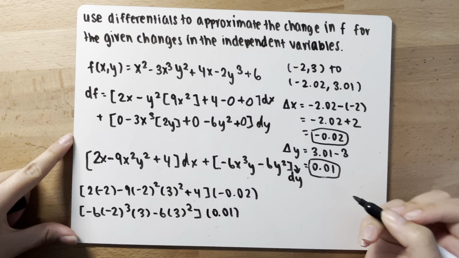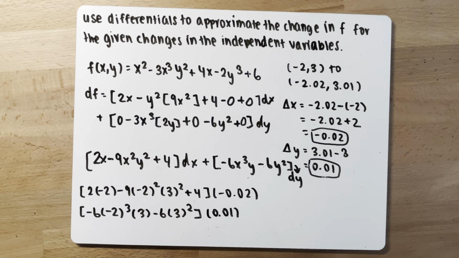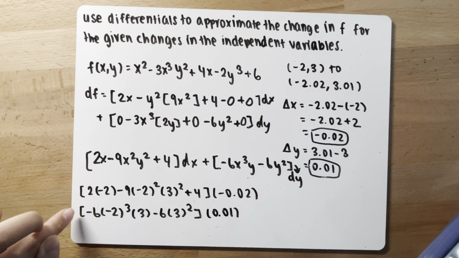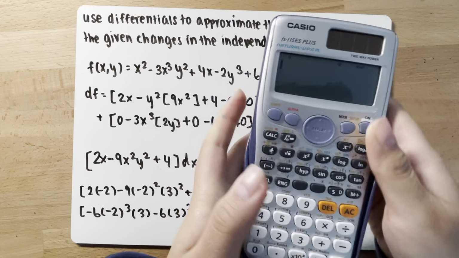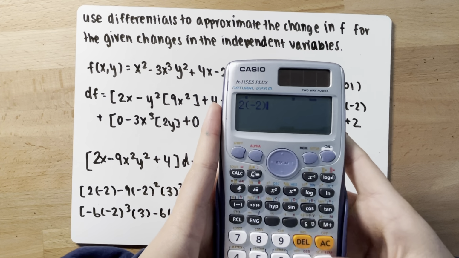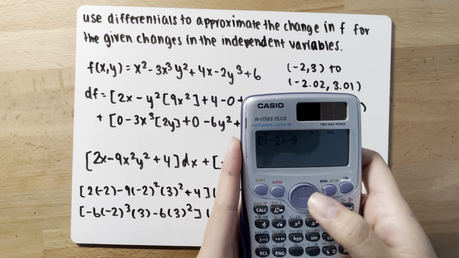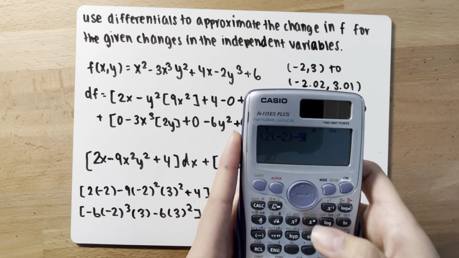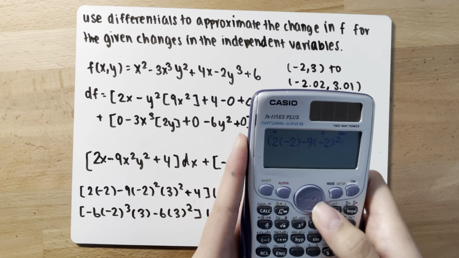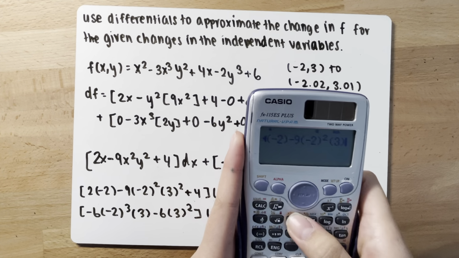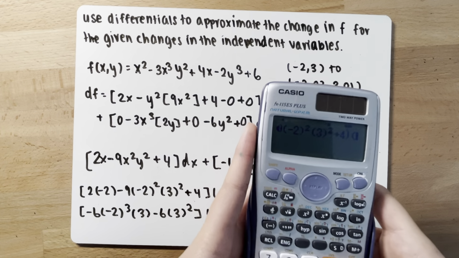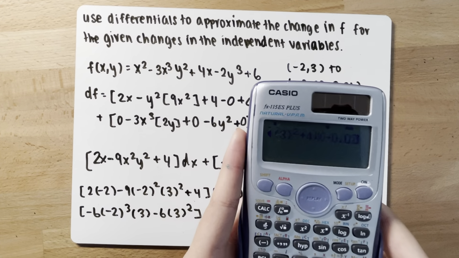Now you want to plug this value into a calculator and add it with this value. So for this, you have 2 times -2 minus 9 times -2 squared times 3 squared plus 4, all that multiplied by -0.02.